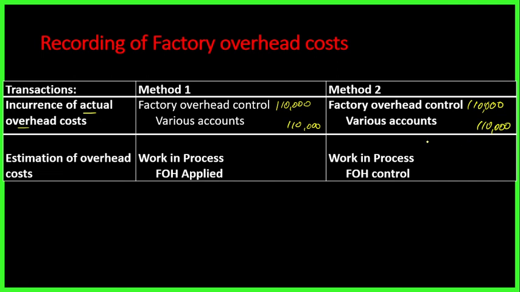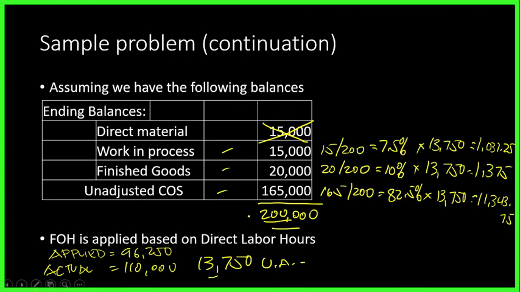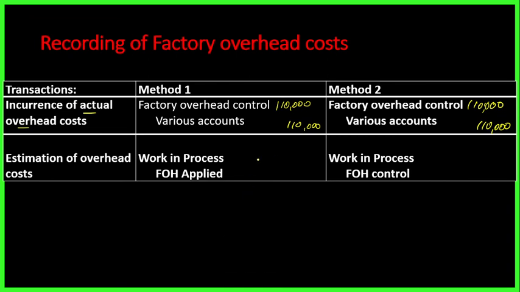And then for the applied, what is our applied? 96,250. This one was computed earlier. 96,250. Take note of the difference.